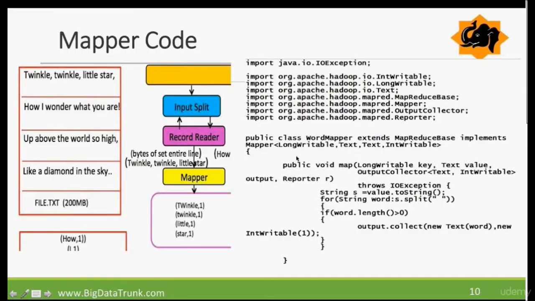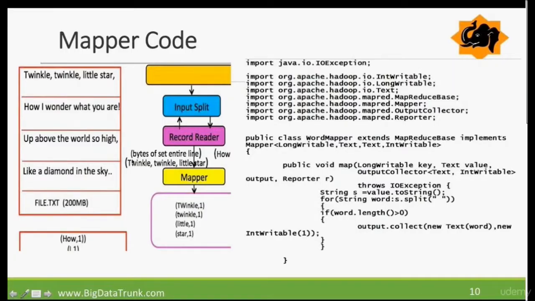There are 4 pieces of information, and the first 2 pieces are the input to the mapper. So what is the mapper getting? It is the key-value pair for the mapper. The mapper is getting the data from the record reader. It's getting the sentence, but it also is getting the byte offset.